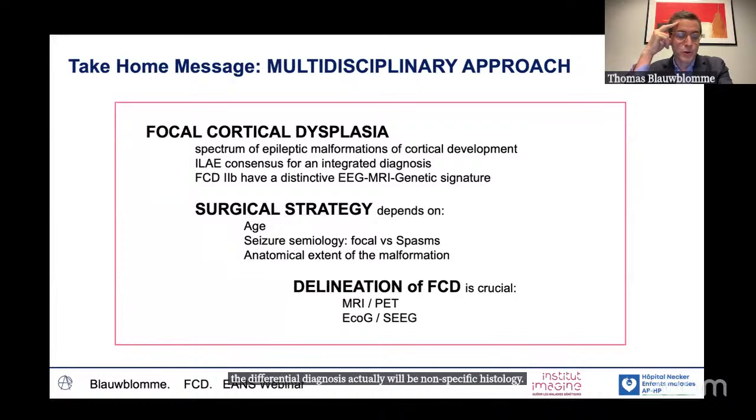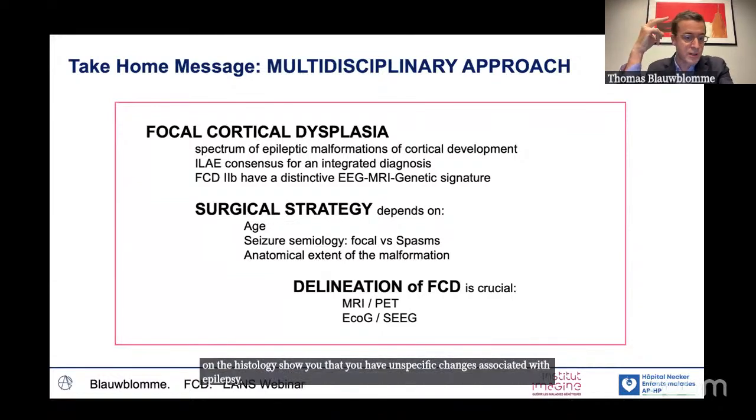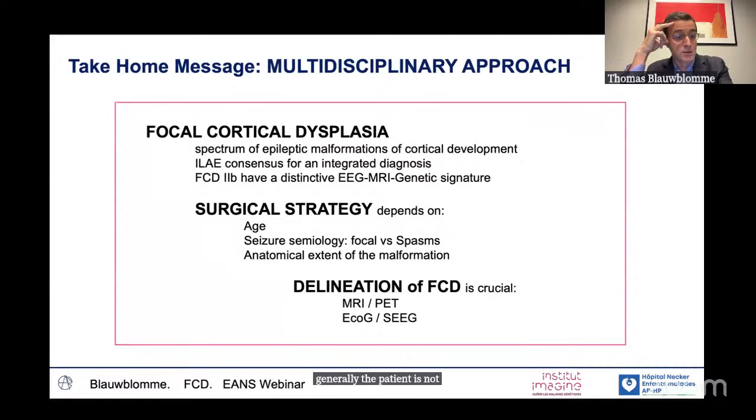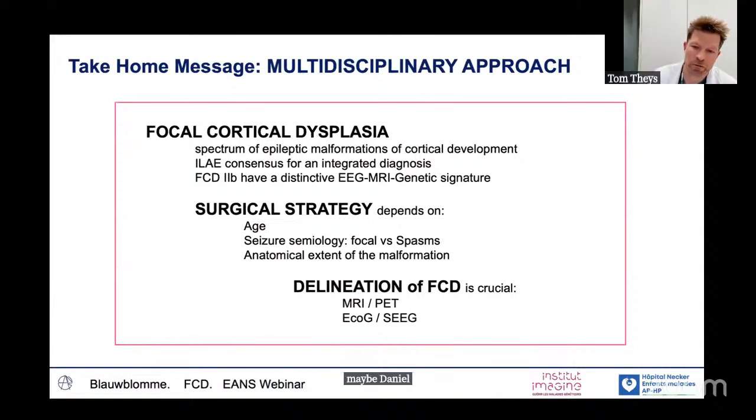You went for focal epilepsy, you end up with a lobar pattern, and the histology shows you that you have unspecific changes associated with epilepsy. Generally, the patient is not cured. So clearly, the pitfall in this patient is to operate on patients who don't have focal cortical dysplasia. Maybe Daniel or Olaf, do you have any specific questions?